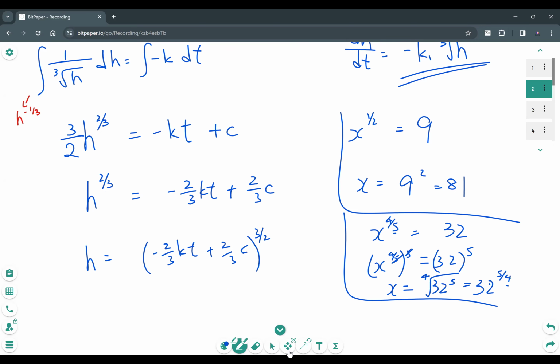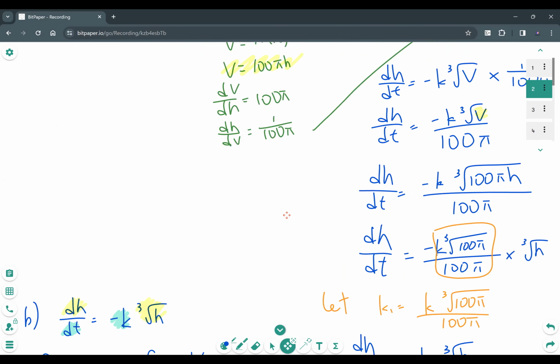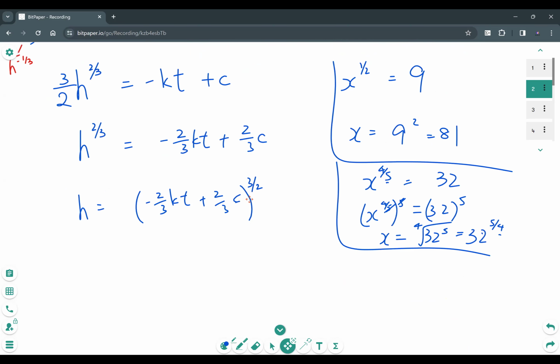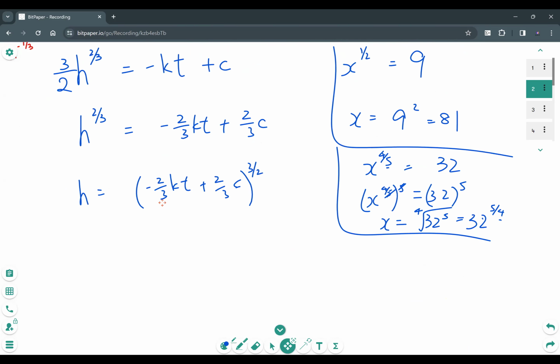Now, compared to the question, P minus Qt. Have we got P minus Qt? Yeah, we do, because that's P, that's Qt. So in here, we can let P equal 2 over 3 c, and we let Q equal 2/3 of k.